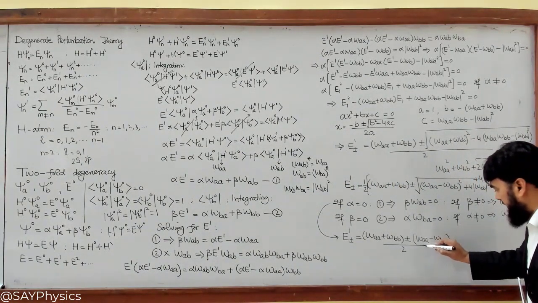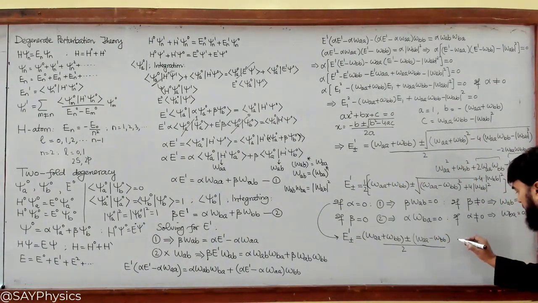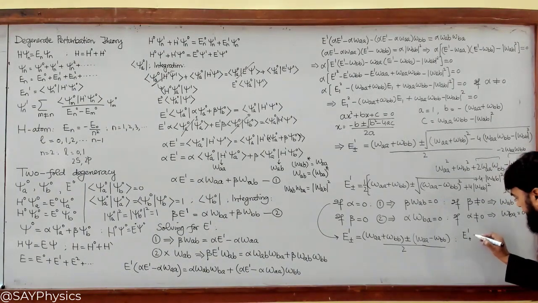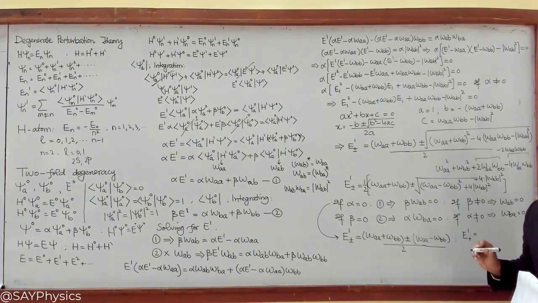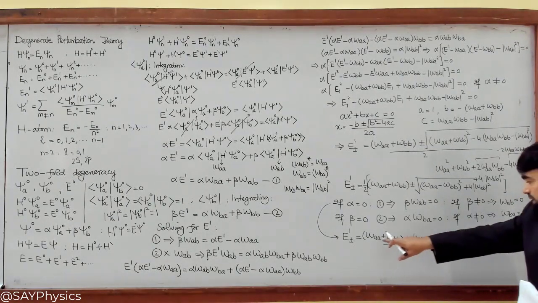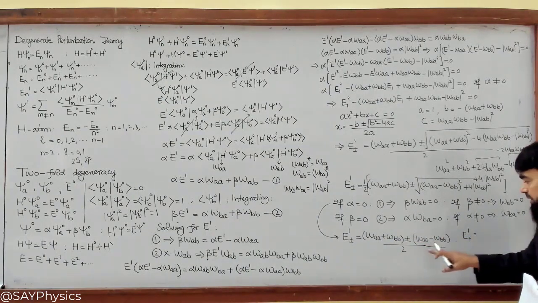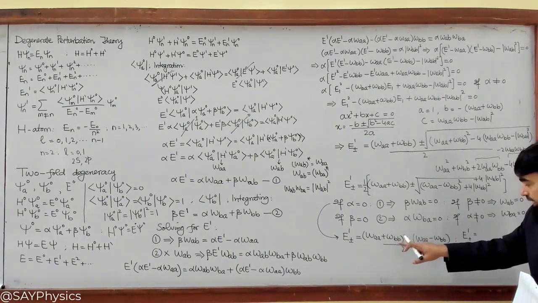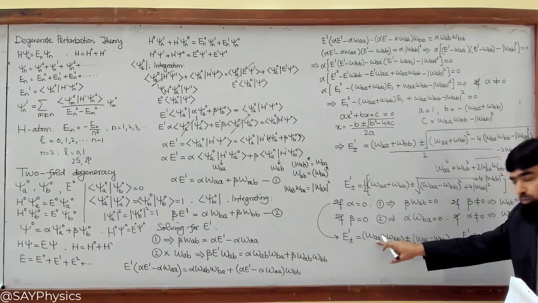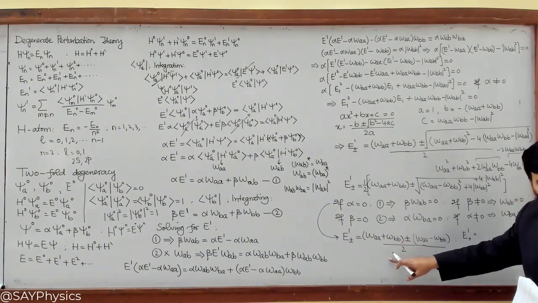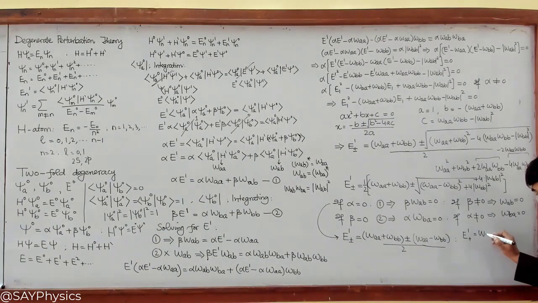This whole is divided by 2. This gives you E1 plus. Consider the plus symbol. When plus is here, then it will be WAA minus WBB. WBB will cancel. And 2 times WAA, but whole divided by 2. So 2 will cancel. And you will get WAA.